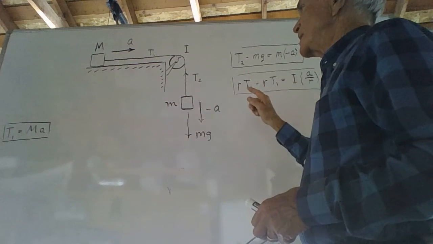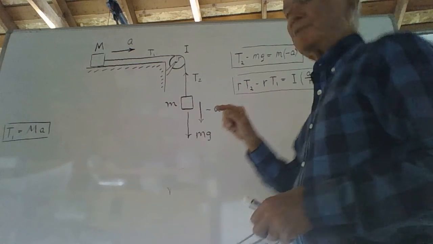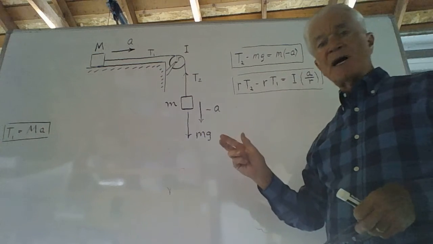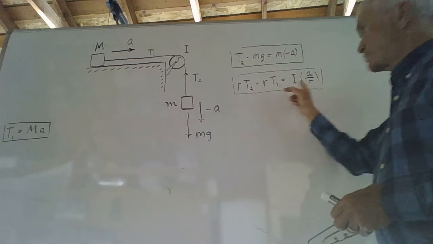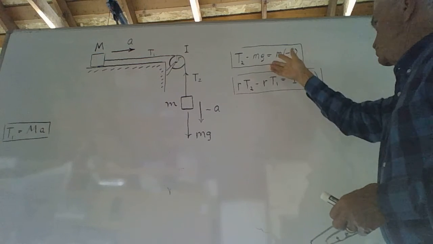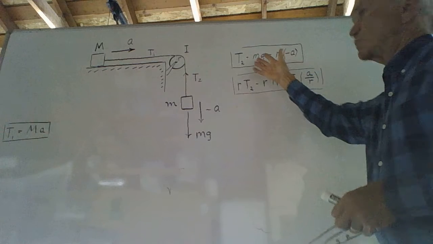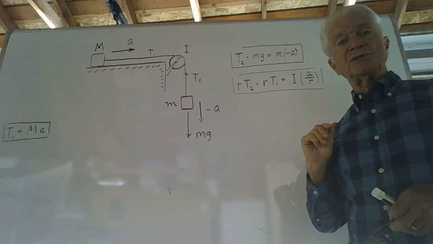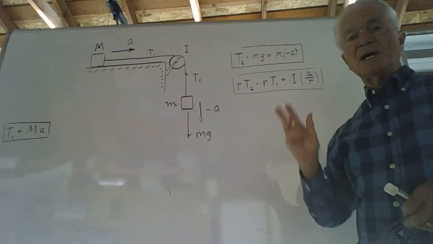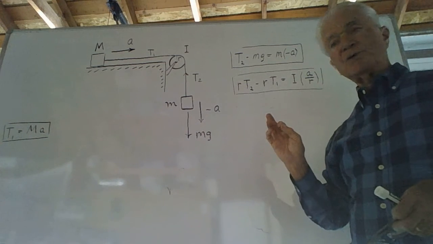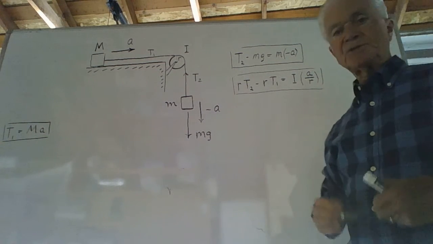And then finally, I applied the rotational form of Newton's second law to the pulley, tau equals I alpha, and obtained this expression. You will need to review the previous lecture to recall or understand where these three boxed equations came from. My intent here is to just do the algebra for you to solve for the acceleration A. So let's get to that.